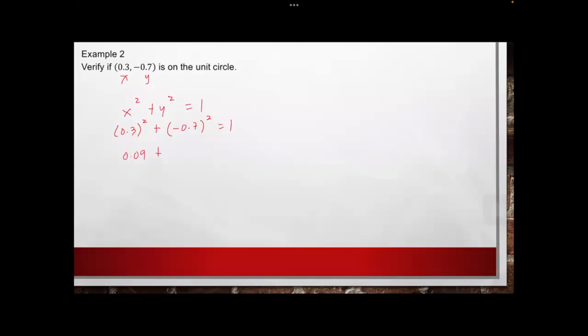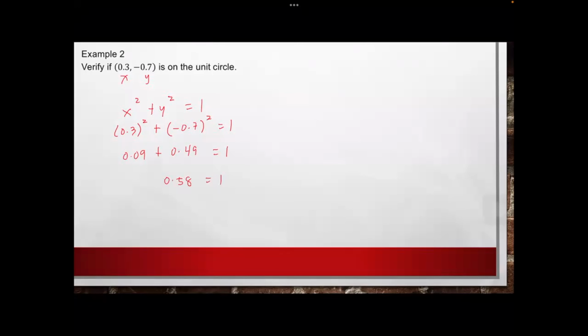Plus, since negative times negative is still positive, 0.7 squared will be 0.49, is equal to 1. Then we add 0.09 plus 0.49, and we have 0.58 is equal to 1.